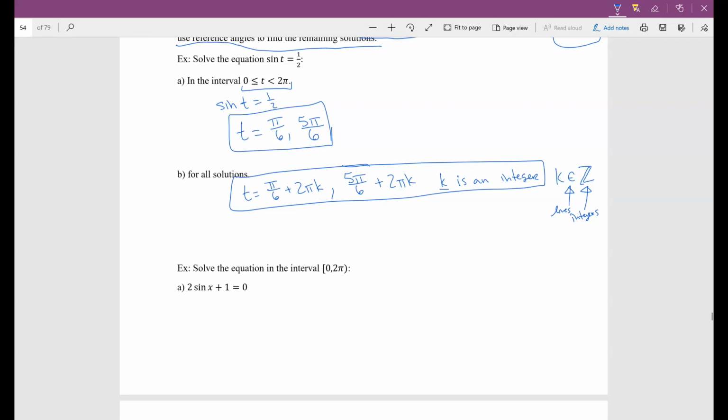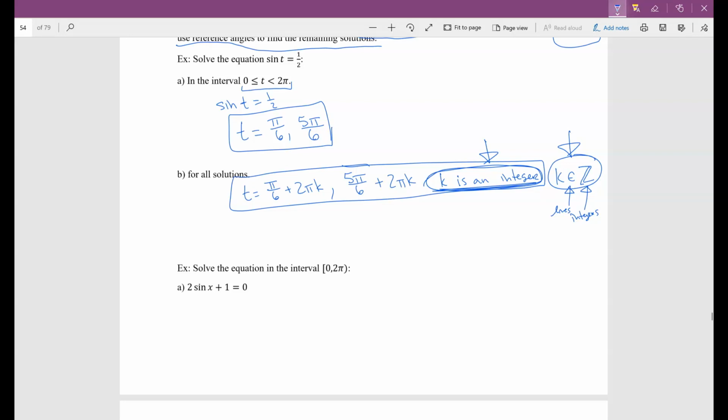So k is an element of the integers. This is just how we write integers in math notation. But if you just want to write k is an integer, that's completely fine. I just want to give you two different ways to do it: one with a really fancy notation, and one the regular way.